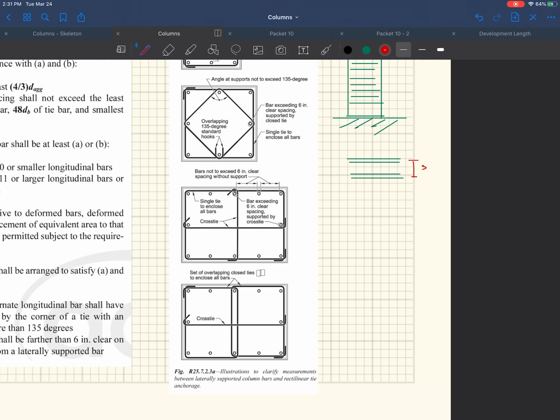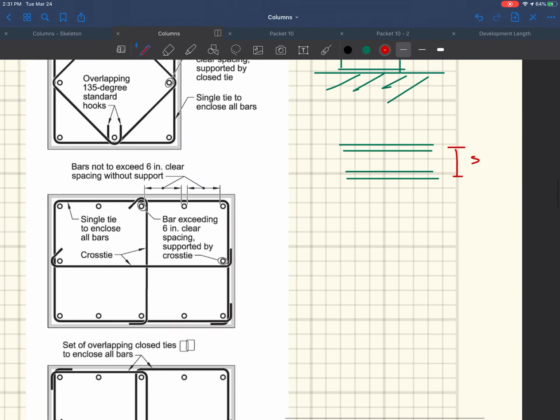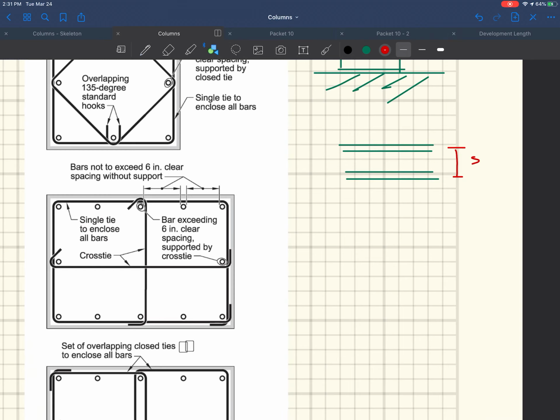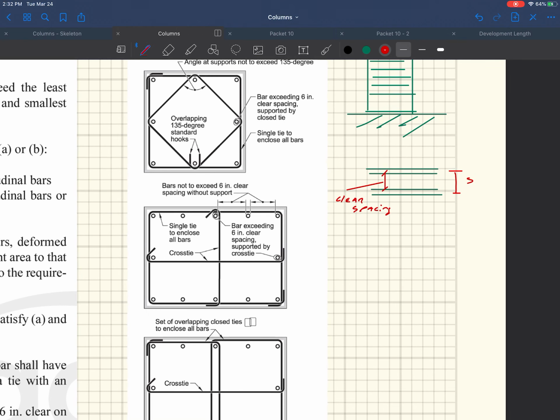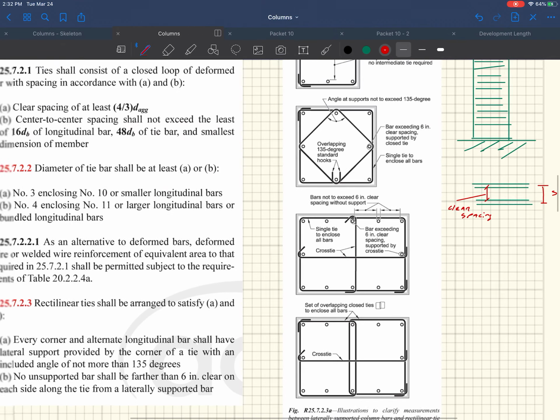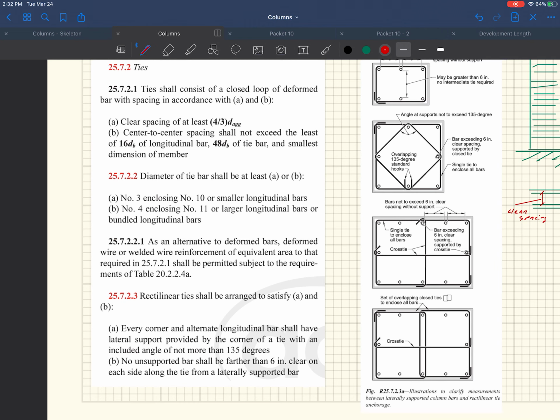This from center to center is the spacing, and then this is the clear spacing in between that reinforcement. So center to center spacing versus the clear spacing.